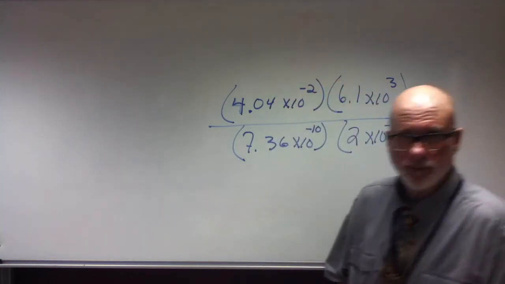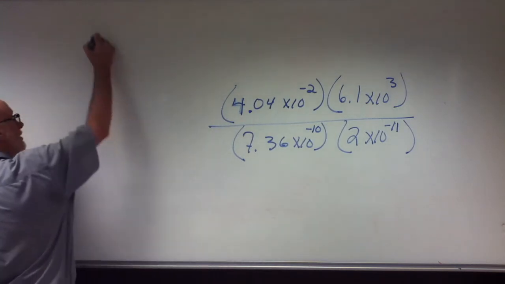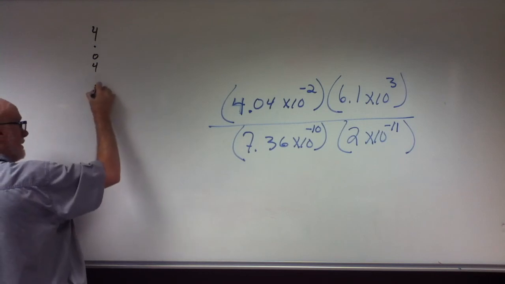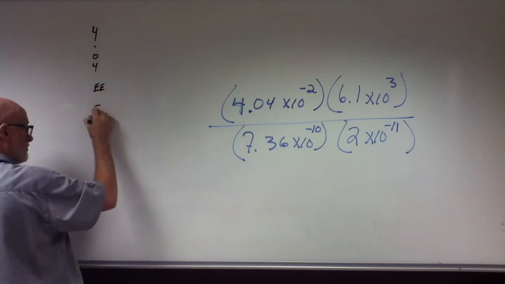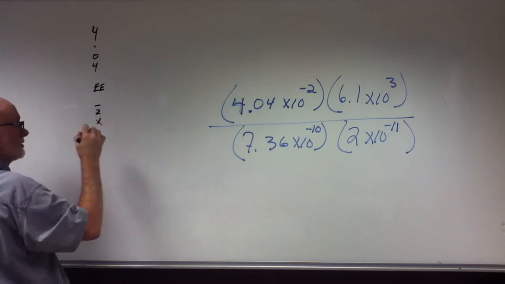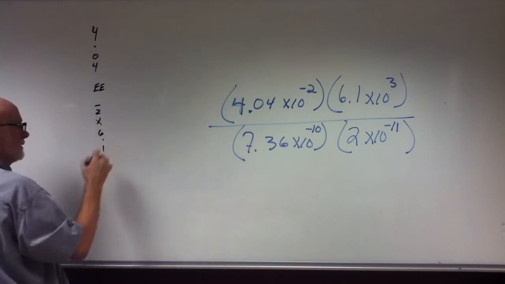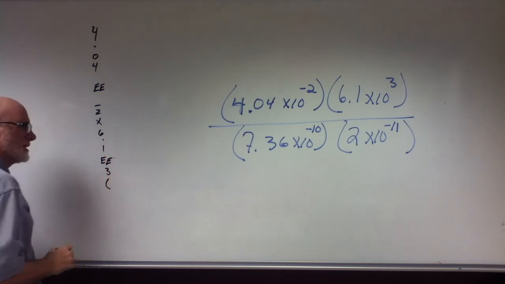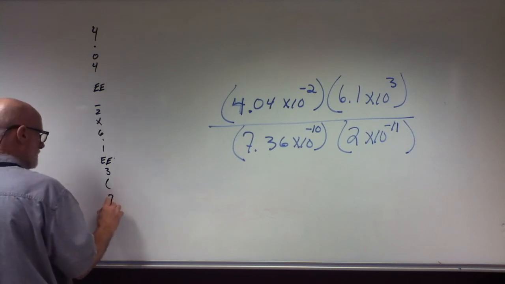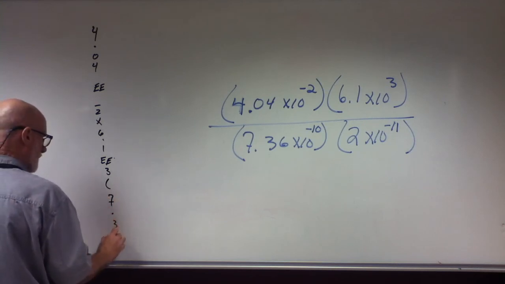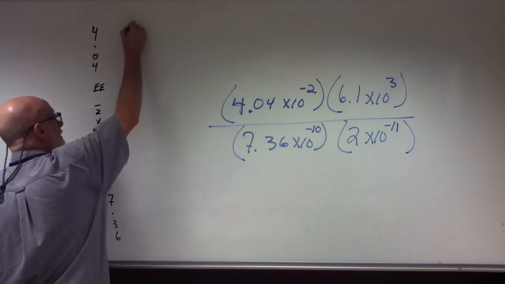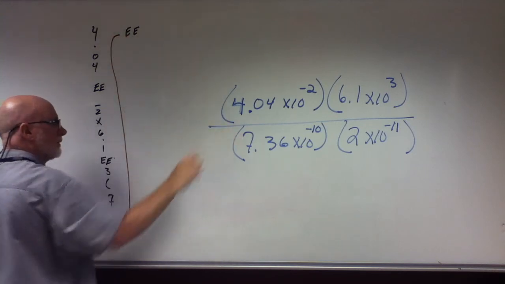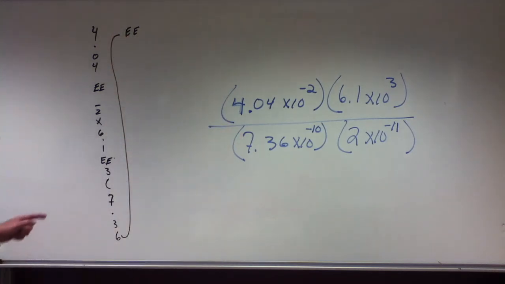Shall we do it? All right, on your calculator, you would have pressed 4.04 EE negative 2 times 6.1 EE 3, open parentheses, 7.36 EE, divided. Did I forget something?